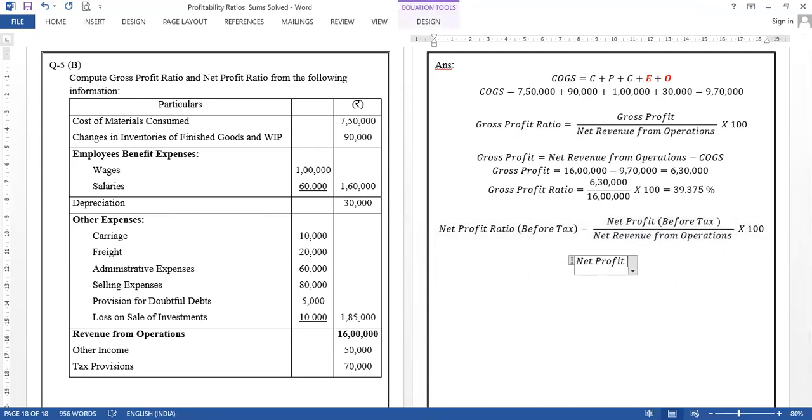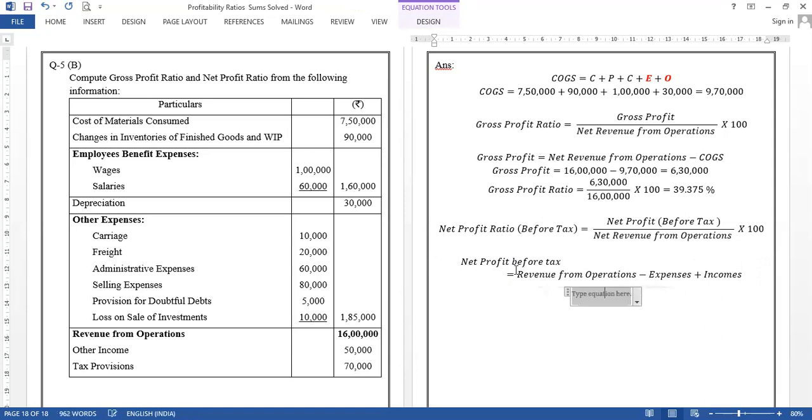Net profit before tax will be equal to, now I have revenue from operations with me. From revenue from operations, I will just ensure to deduct all expenses, whether operating or non-operating, and I'll add incomes over here, again operating or non-operating, right? So let us place the values.